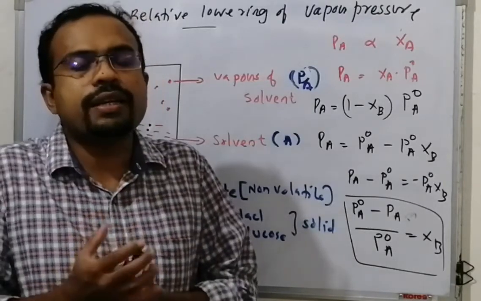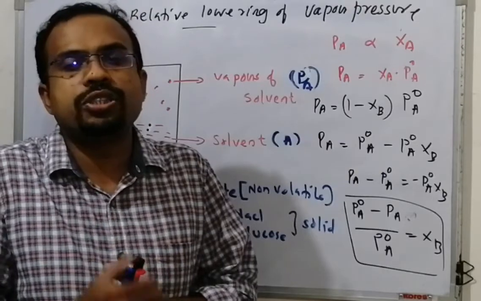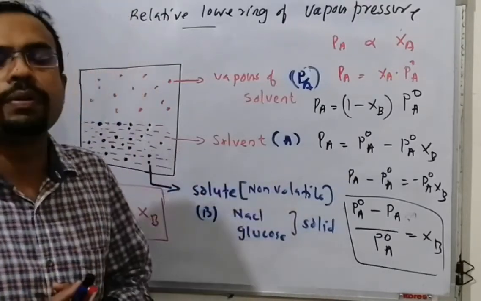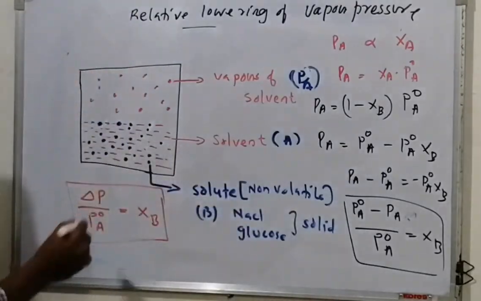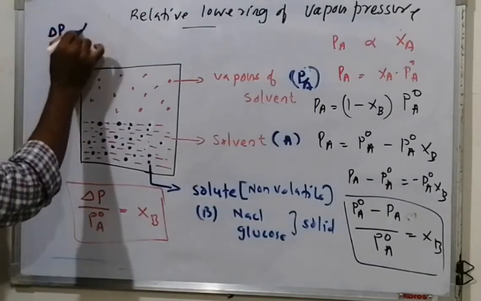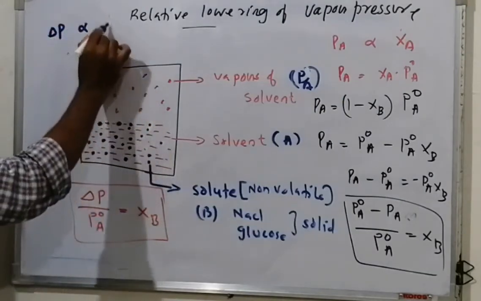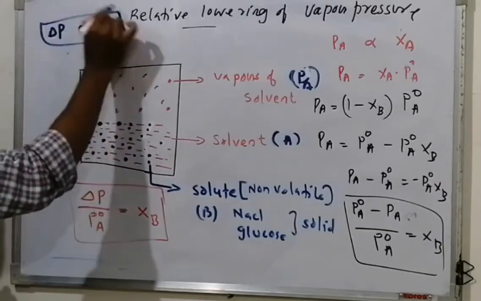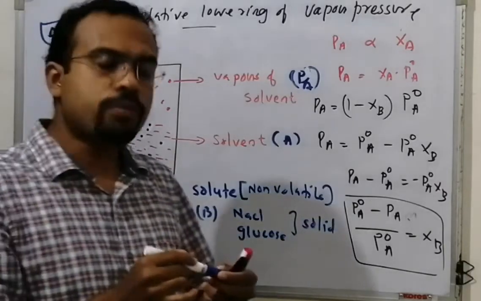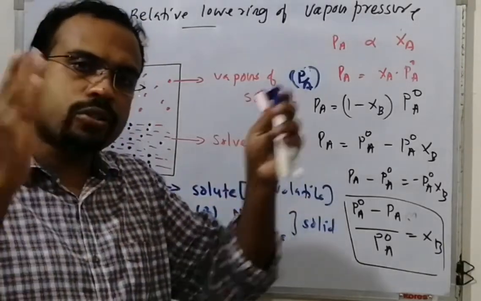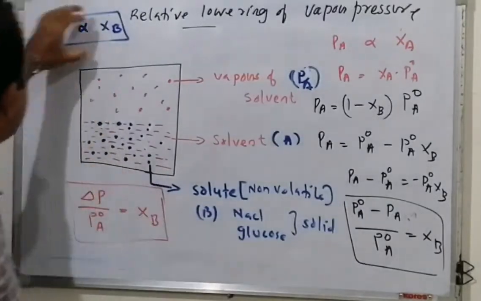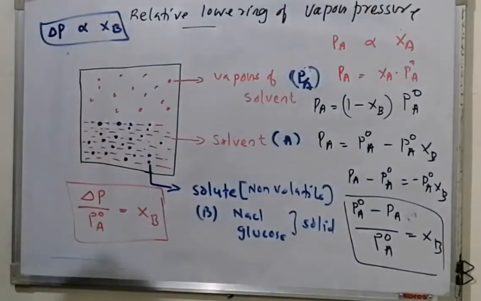Therefore, delta P divided by P0A is directly proportional to XB, the mole fraction of solute. The lowering of vapor pressure is directly proportional to the mole fraction of solute. How much the vapor pressure decreases, the magnitude of the decrease, is directly proportional to the mole fraction of solute.